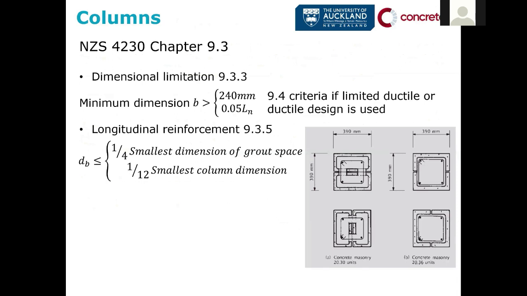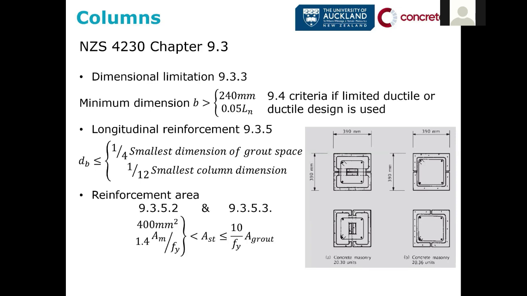Now, longitudinal reinforcement, we have a criteria there, 1/4 of the smallest dimension of grouted space. So we usually combine these two, so we have that core fully grouted, or that one there. So 1/4 of the smallest grouting dimension, or 1/12 of the smallest column dimension.